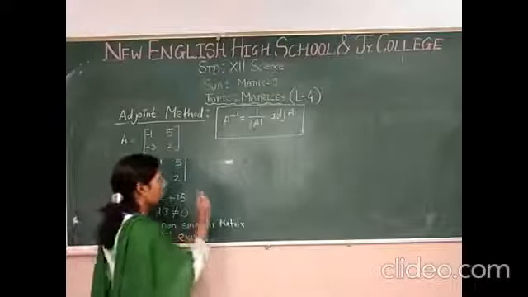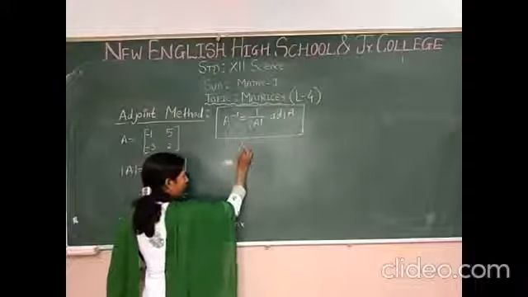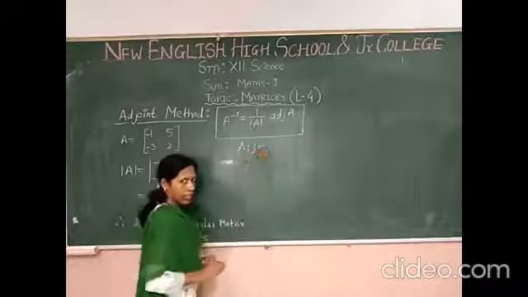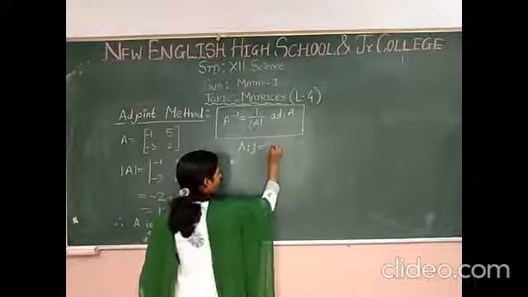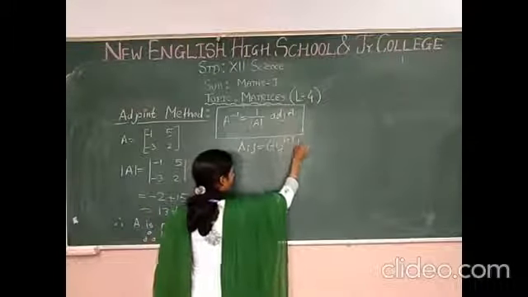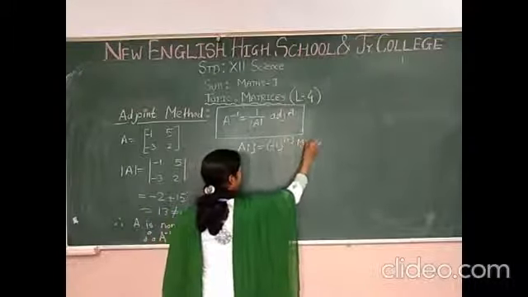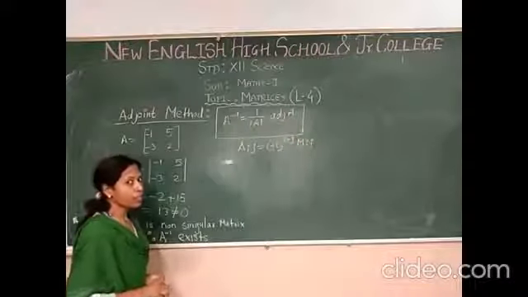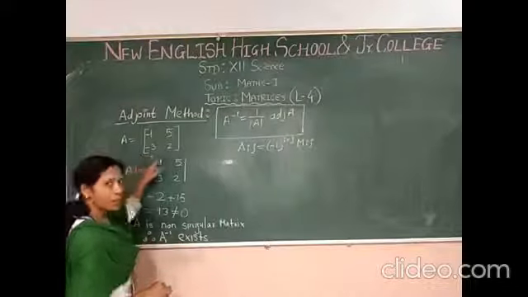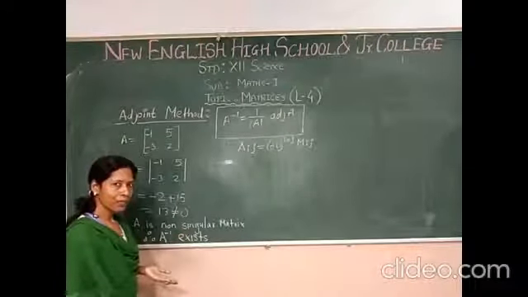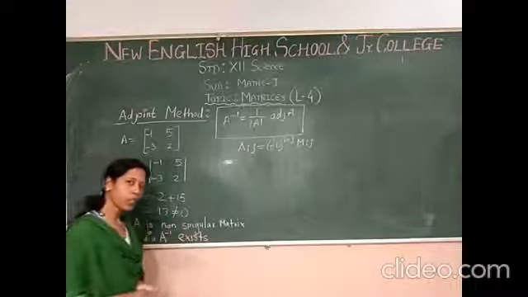And you know the formula of cofactors: Aij equals to minus 1 raised to i plus j into Mij. Okay, and how many cofactors will be there of this matrix? 4. There are 4 elements, na? Then cofactors are also going to be 4.